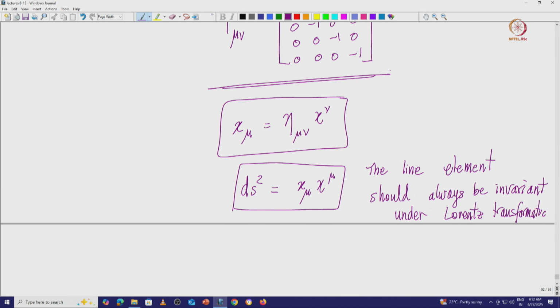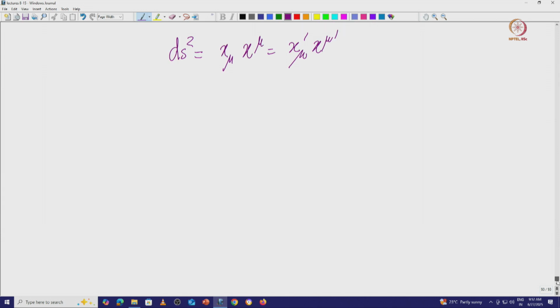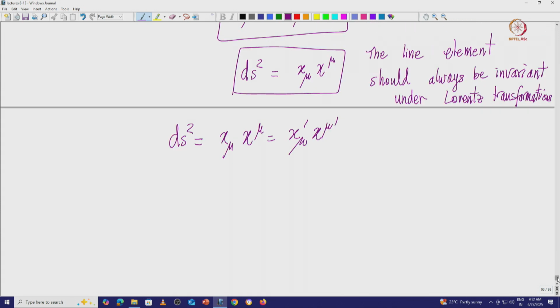Under Lorentz transformations, the line element should always be invariant. So ds square equals x mu x mu, and that should be equivalent to x mu prime x mu prime. This is the first thing we see: the Lorentz transformation should keep the line element invariant.